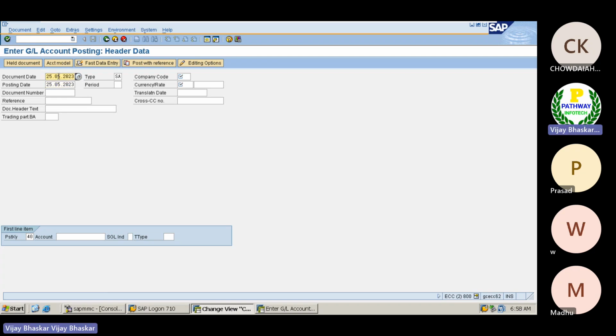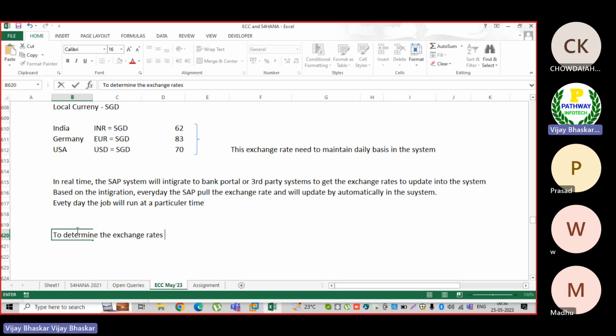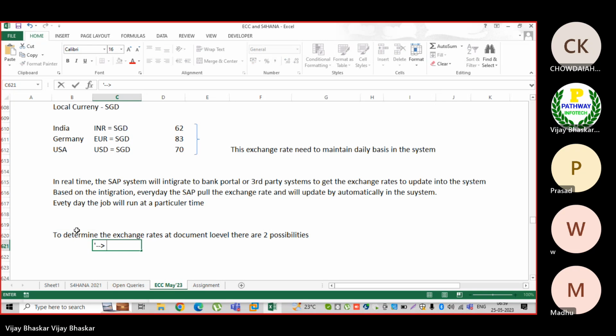Give the document date and posting date the same, and the company code. Here, to determine the exchange rates at document level, there are two ways, or two possibilities. Number one is the price system.